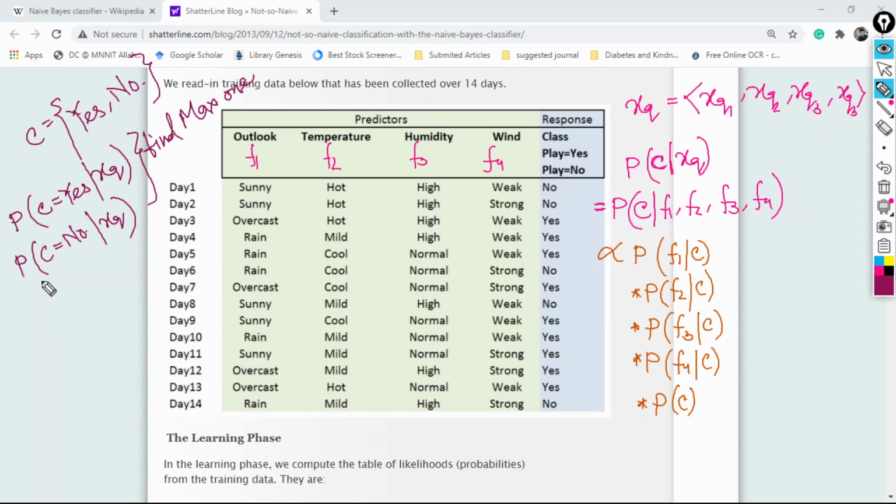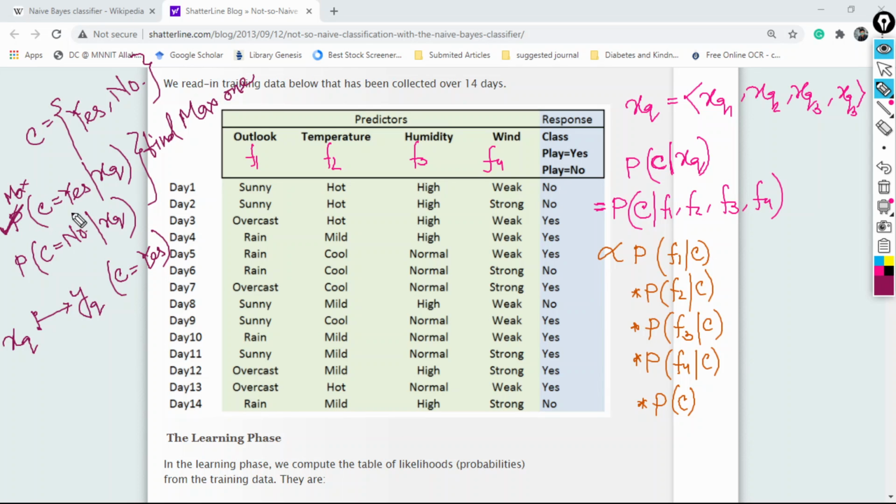Suppose your query point is xq, then the corresponding output yq will be the max one. Suppose this is the max one, then its class level will be yes.